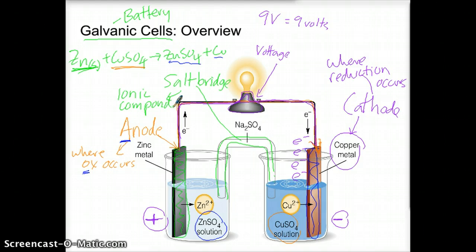And what that allows is for the electrons to continue to flow in a circuit, constantly in the same direction, but over and over so that charge does not build up. So again, what you need to know about a salt bridge, it's made of an ionic compound, in this case Na2SO4, and the purpose of it is to prevent charge from building up. So, overview of galvanic cells.